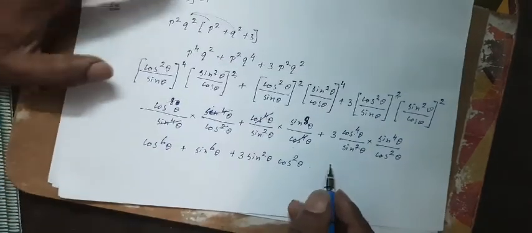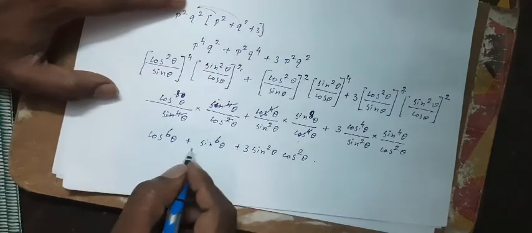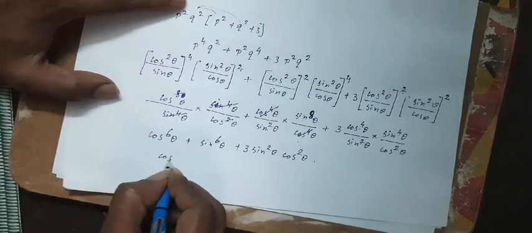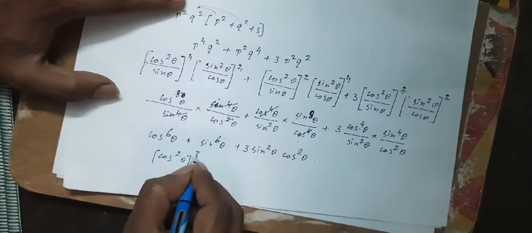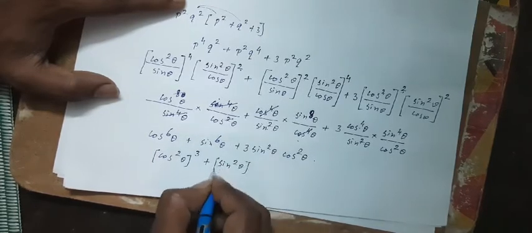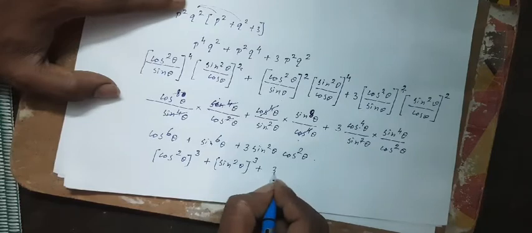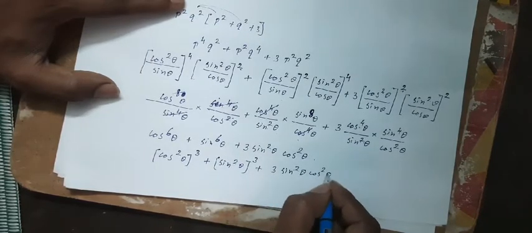Okay, next here the power is 6 theta, so I can change it into a formula. We can take cos square theta the whole cube plus sin square theta the whole cube plus 3 sin square theta and cos square theta.